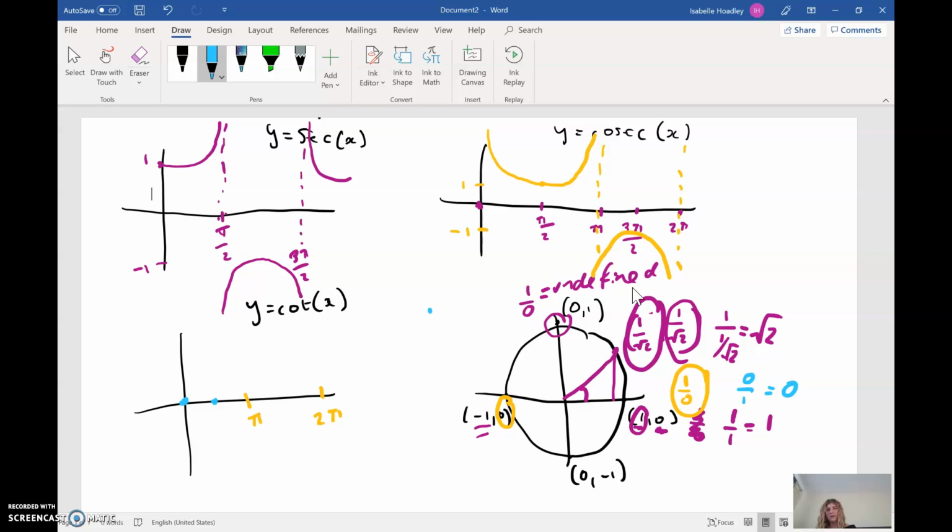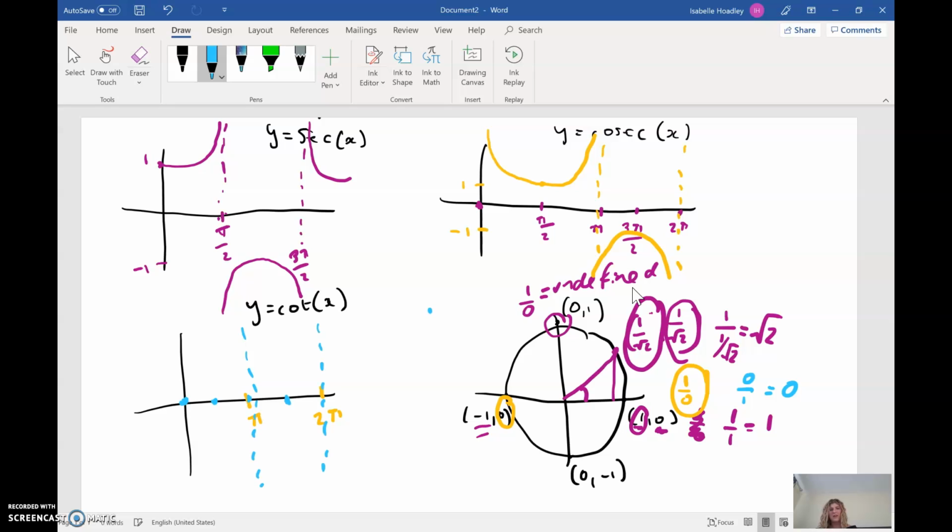So -1, so 0 divided by -1. So at pi, we're going to have a 0. And at 3 pi on 2, we're going to have cos 0 divided by sine, -1. So we're going to have another 0. And at 2 pi, again, we've got cos 1 divided by sine 0. I should have said at pi and at 2 pi, we're going to have an asymptote.